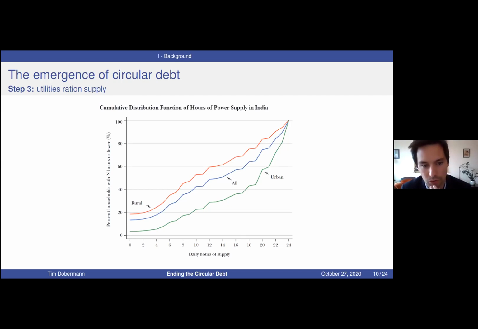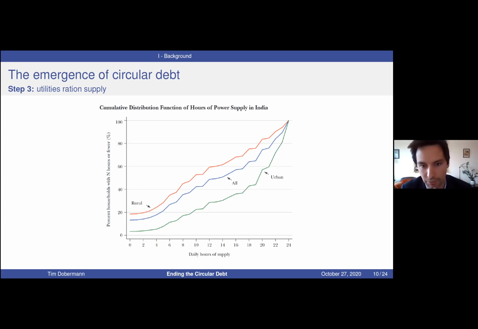Here you can see the cumulative distribution of load shedding across feeders in India. You'll see the rough trend where 60%, for instance, of rural feeders in India have less than 14 hours of supply a day, whereas in urban communities, it's about 20 to 21 hours of supply.